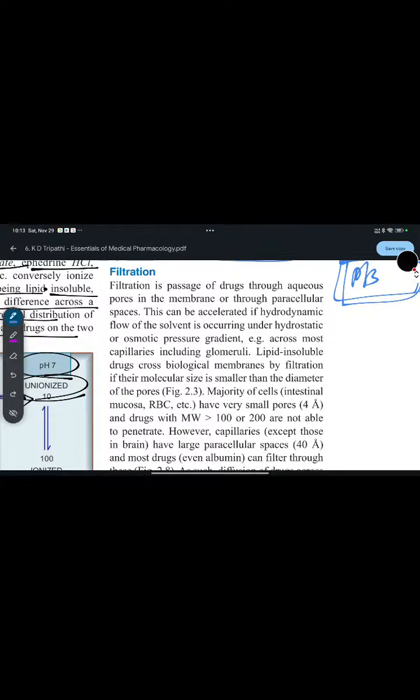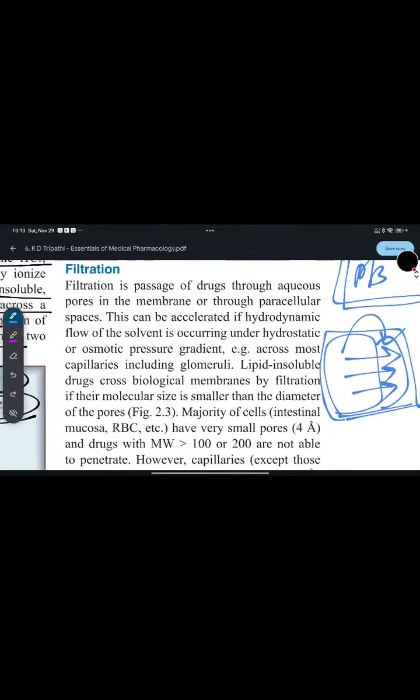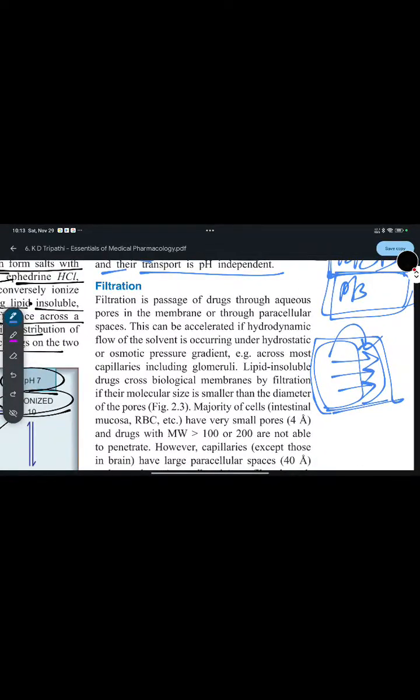When there is more water in one part and less water in another part, water will be transported from the high water area to the low water area, across the osmotic pressure gradient.